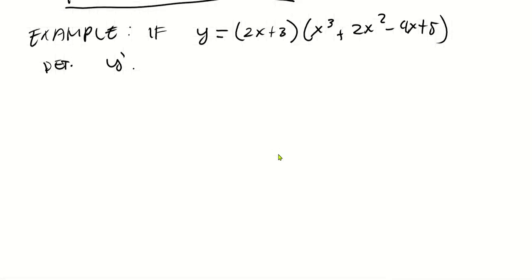So obviously we have a product. Y is the product of two functions, 2x plus 3 and x cubed plus 2x squared minus 4x plus 5. These are the two functions here. So it's a product, so we can use the product rule.